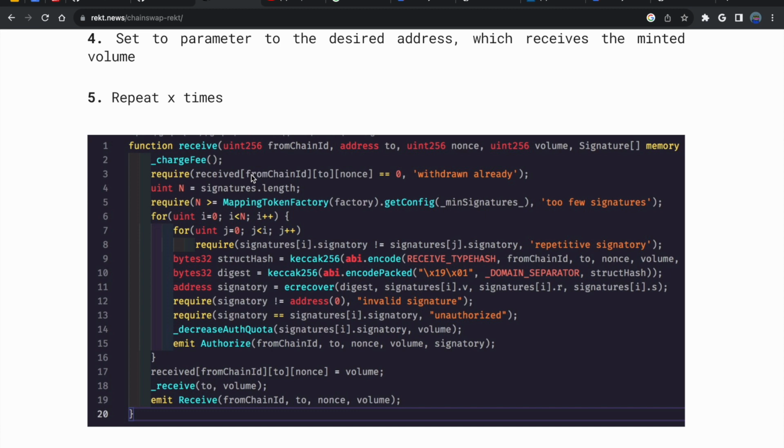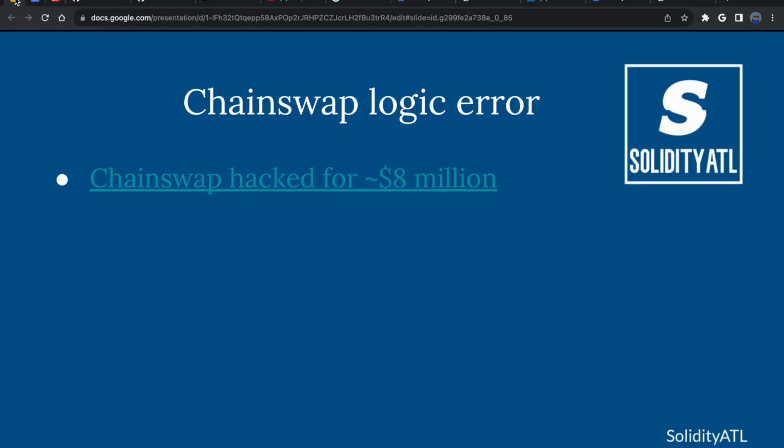They could have determined whichever method would be the best way to remediate this, but at this point in time, they did not. They did not have the proper logic included in here, and the exploiter ran off with a few $1,000,000. So that's an example of a Chainswap logic error and how that resulted in this attack we see here.